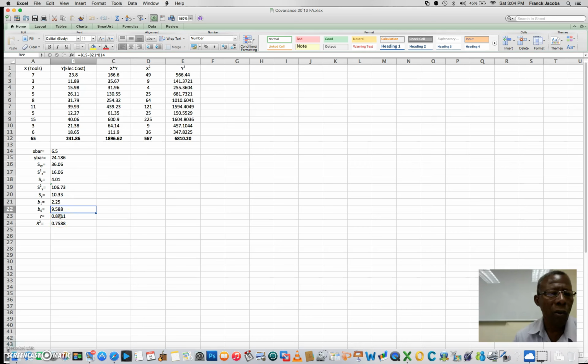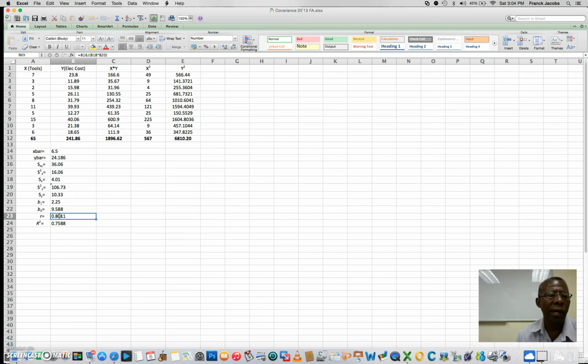R, which is the coefficient of correlation, is obtained by finding the covariance of X and Y, SXY, which is at B16, divided by the product of the standard deviations of the X and Y values.